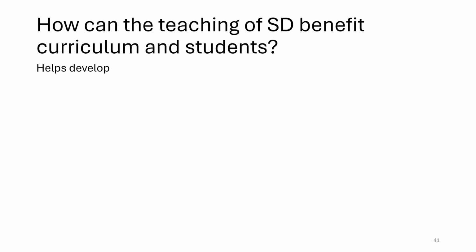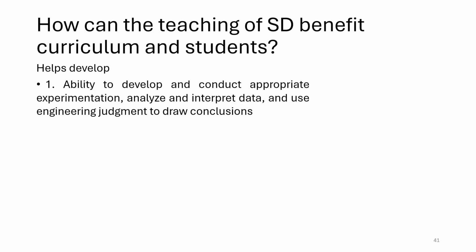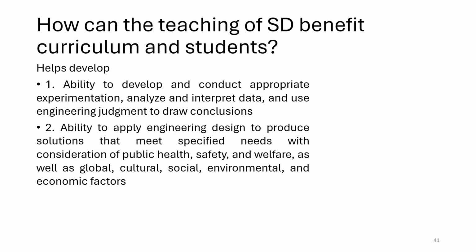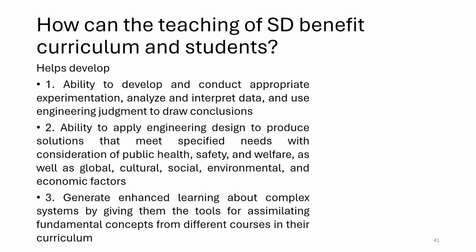What I feel is that SD, system dynamics, helps by developing an ability to conduct experiments, analyze and interpret data, to apply engineering design to provide sustainable solutions that relate to public health, safety, welfare, and different things that are important for our welfare, and generate enhanced learning about complex systems, because many times we try to understand whether they can apply what they have learned in a system that is complex.